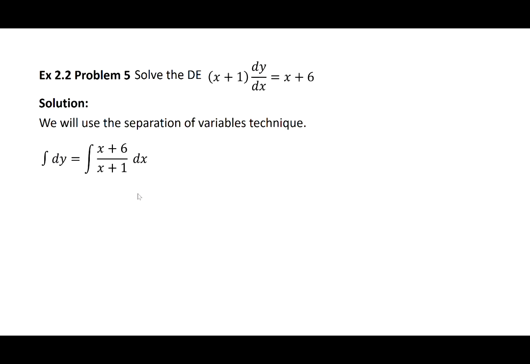Please do not give me a heart attack by saying, hey, I can cancel the x and x, man. No. You cannot. Right? So one way is you can do long division. Divide x plus 6 by x plus 1 and figure out what the quotient is and what the remainder is.